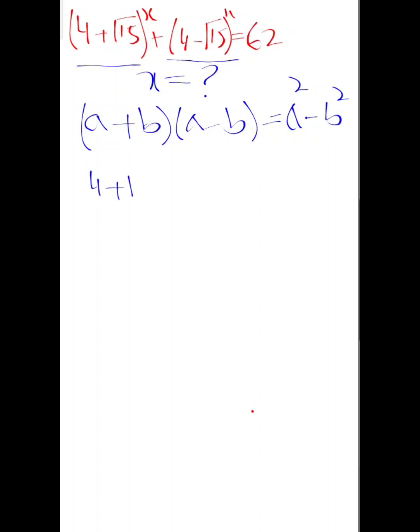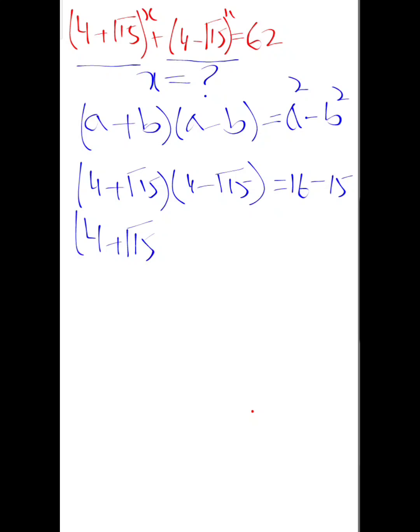So it will be 4 plus square root 15 times 4 minus square root 15 is equal to a square, which means 4 square, which is 16, and minus b square, which means square root 15 square, which will be 15. So it will be 16 minus 15. So we can write 4 plus square root 15 times 4 minus square root 15 is equal to 1.